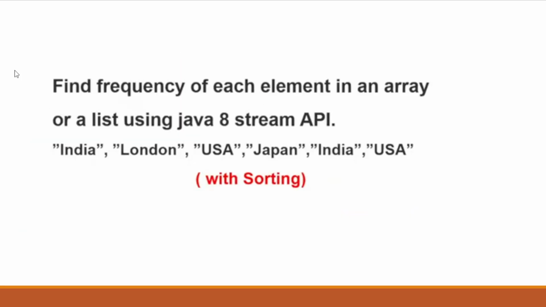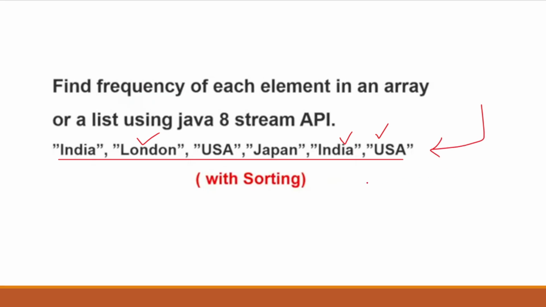So first of all, we will see that if we are having some list, like a string type of list, and inside that we are having some country names like India, London, USA, Japan, India, again USA. So some of the elements are coming two times, some of the elements are coming one time only, right? So we have to find out how many times each of these elements is there.